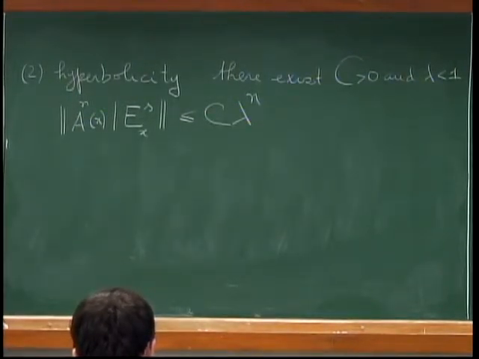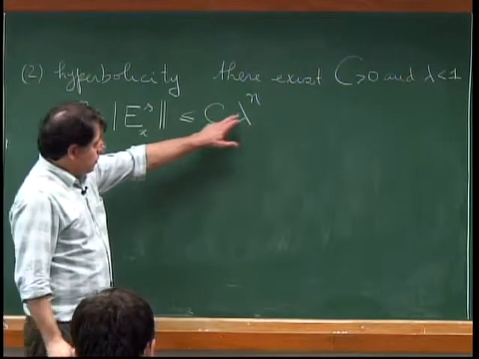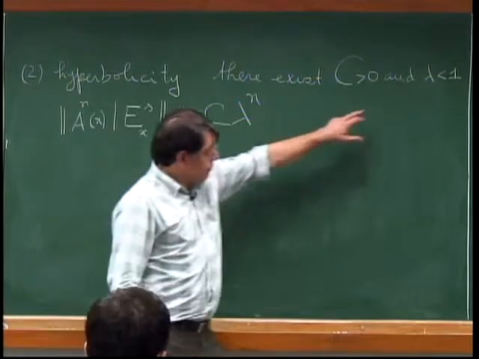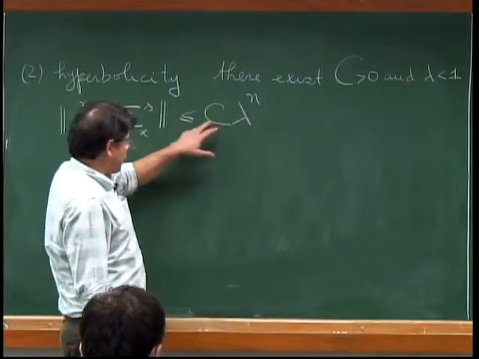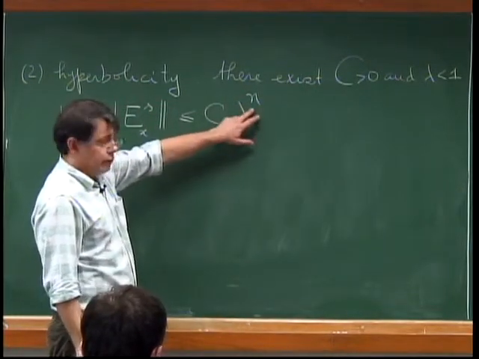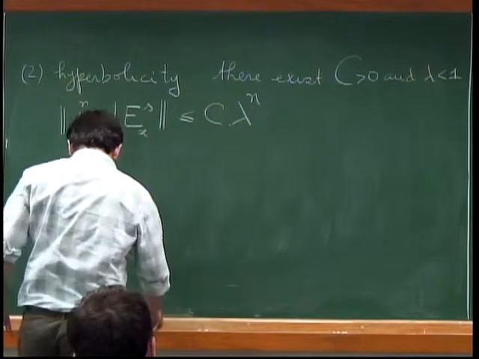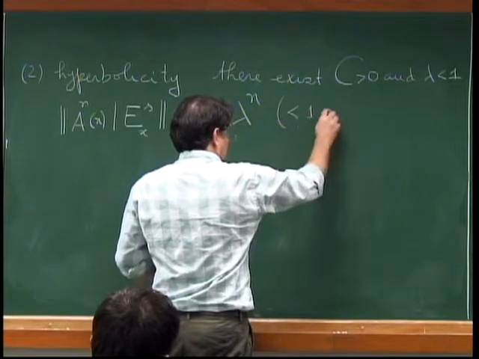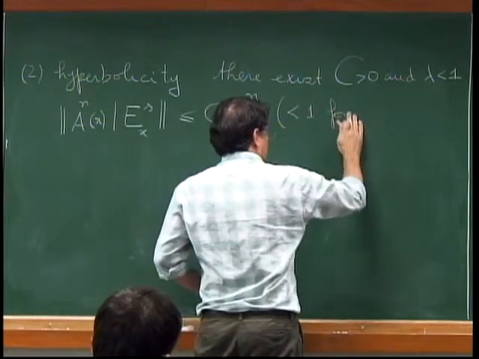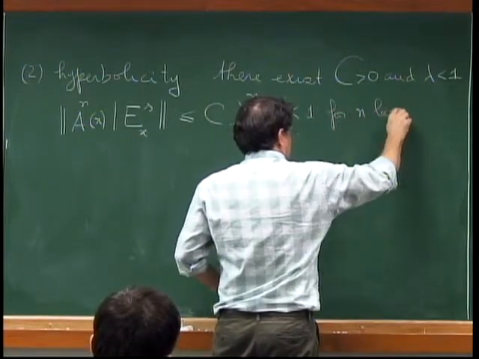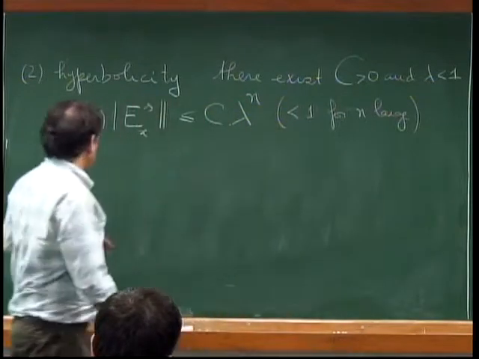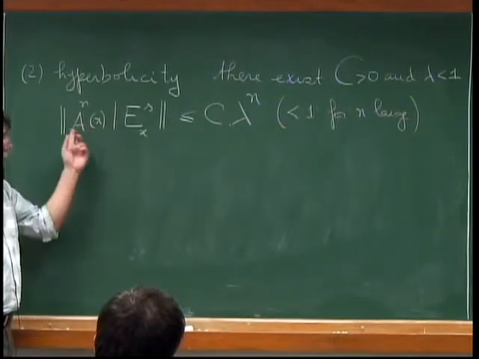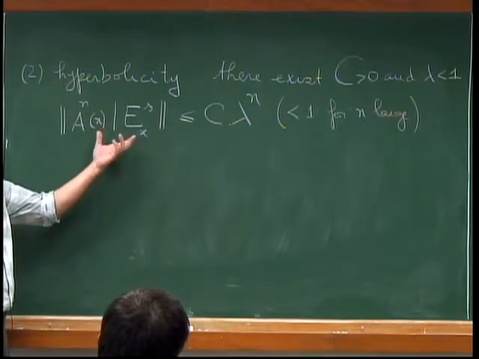So what does this mean? When n is large, lambda^n is very small because lambda is smaller than 1. So the product c lambda^n is very small. And so this norm is smaller than 1, which means that the matrix contracts all the vectors.